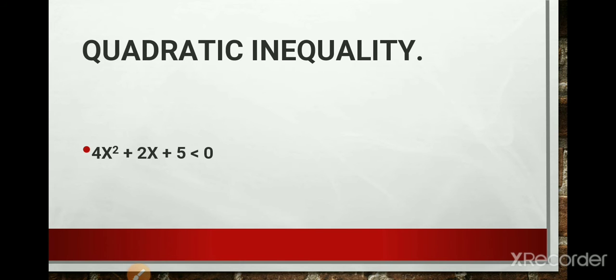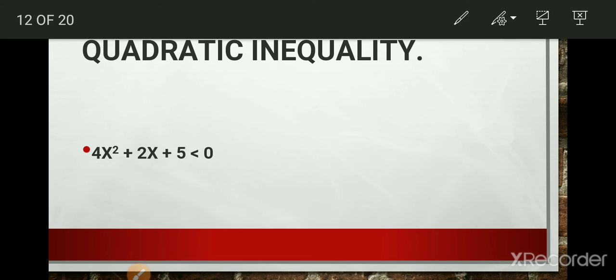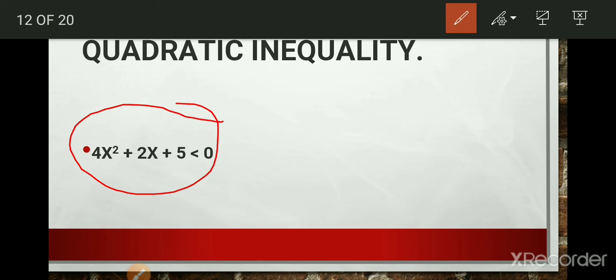Quadratic inequalities. By seeing this example, we can note that it is not an example of a linear inequality. The main topic of this chapter is linear inequalities, which means one variable.